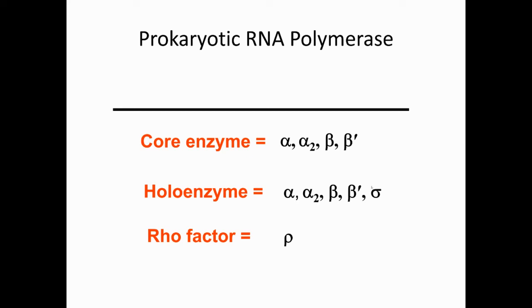Once it initiates the transcription, the sigma will dissociate from the RNA polymerase, which then becomes the core enzyme. The core enzyme will continue the transcription elongation until termination. And the rho factor is important for transcription termination.